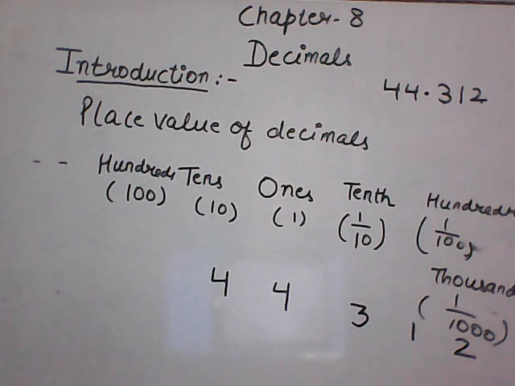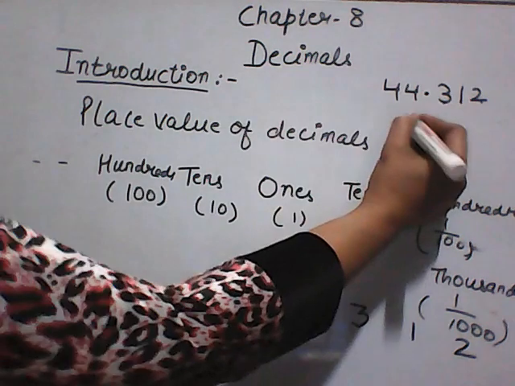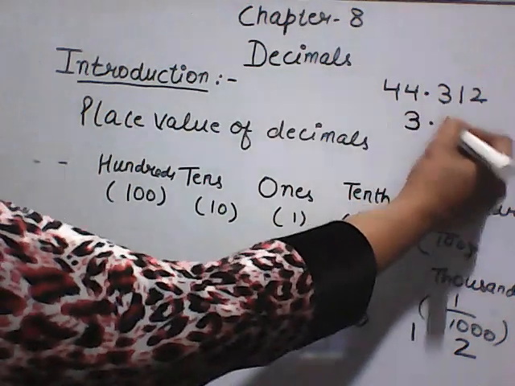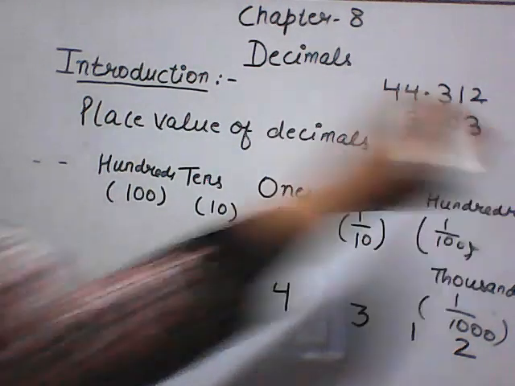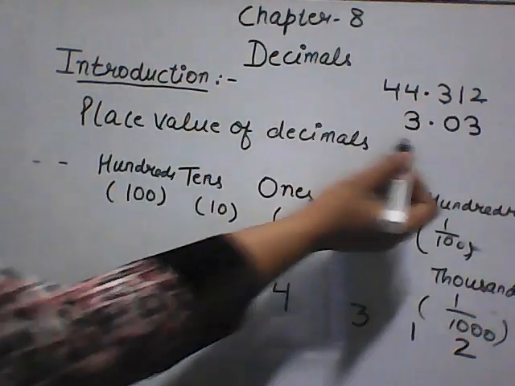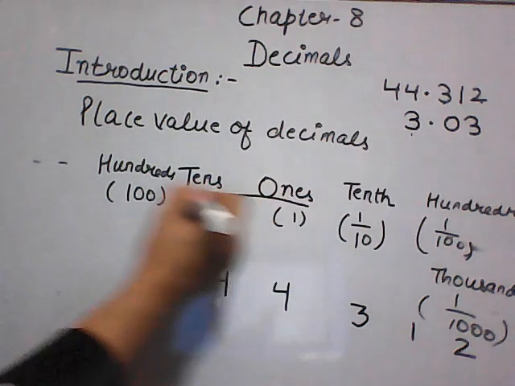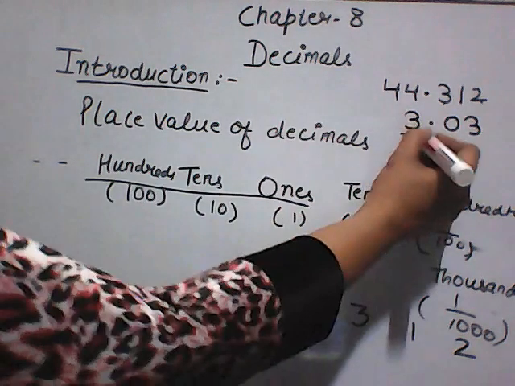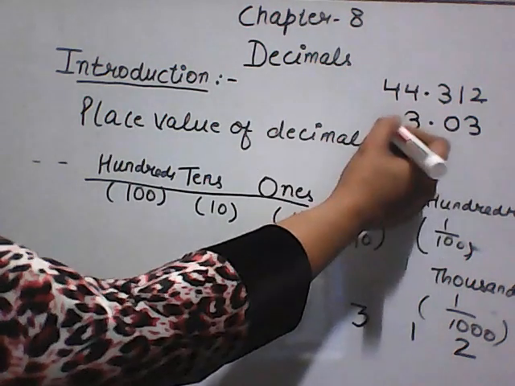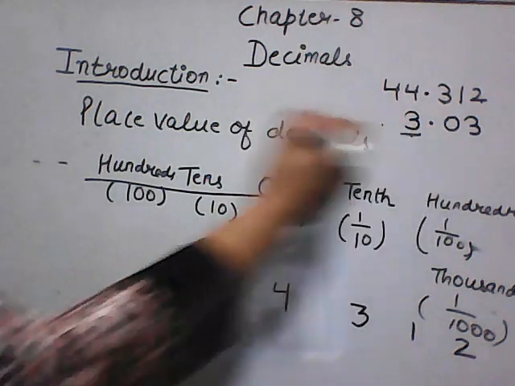Suppose I have to write 3.03 in the decimal place value chart, then how can we put it? Here 3 is in the ones place. This is the whole part, with ones place, tens place, hundreds place, and so on.